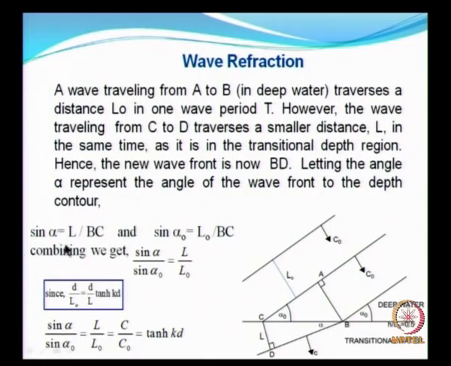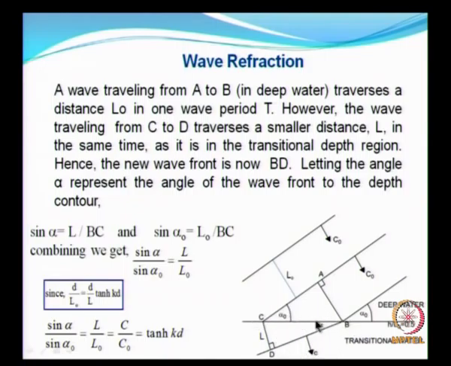Now, sin alpha, that is this angle, is given by L divided by BC, and sin alpha naught is this distance, L naught divided by BC.